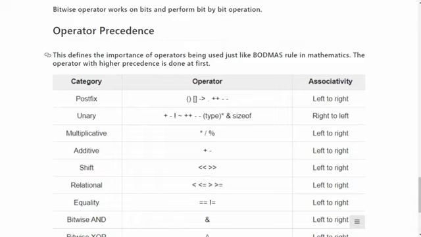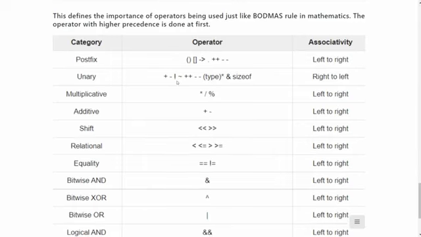As a bracket has very high importance, the calculations inside a bracket are performed first, then the other calculations are performed. This is the whole concept of operator precedence.